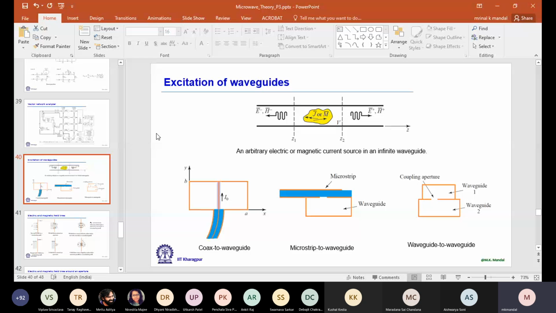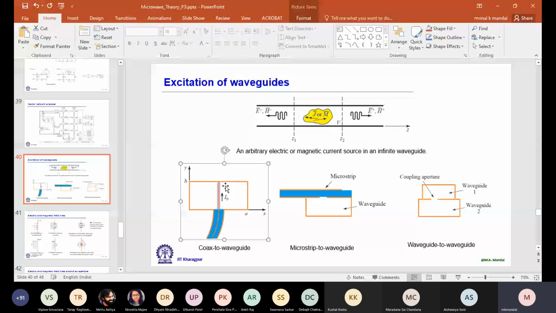So in this first example, you can see a coaxial cable connected to a rectangular waveguide section. How is it connected? We have a small hole on one of the broad walls, through which the inner conductor is inserted, and through this gap we have coupling.